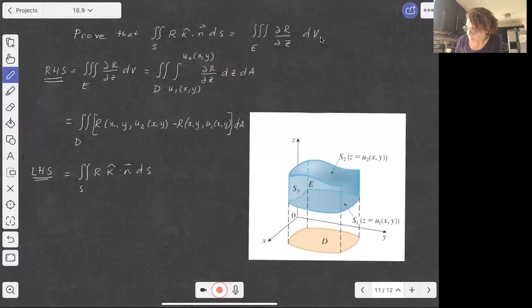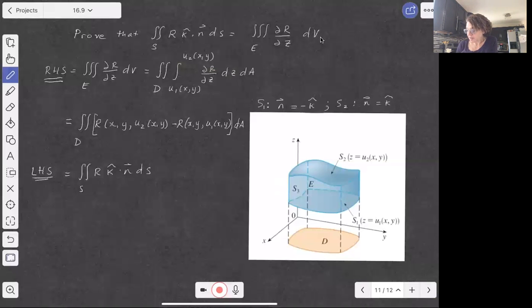So what we notice is that on S1, which is on the bottom, the normal vector to S1 is going to be minus k hat because it points down. On S2, the normal vector just points straight up, so it's going to be k hat for the unit normal.